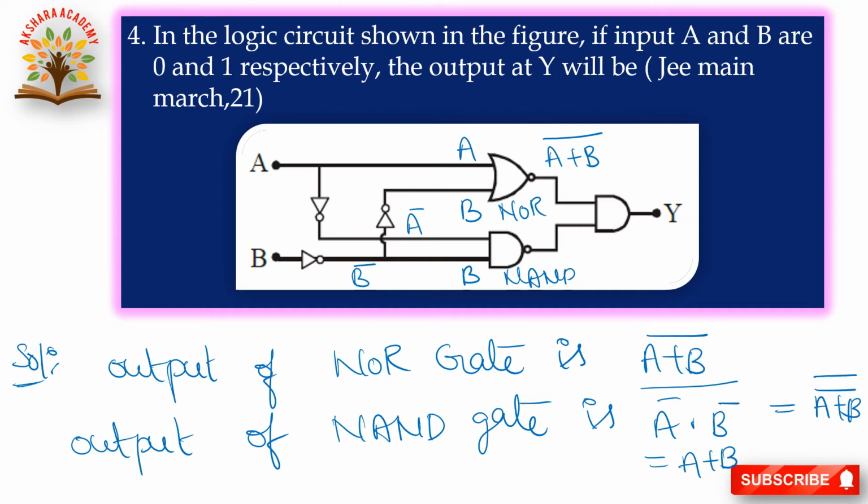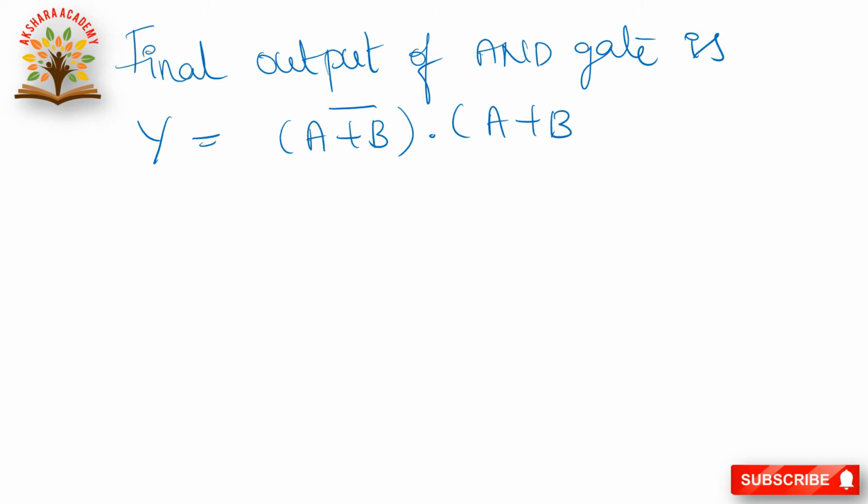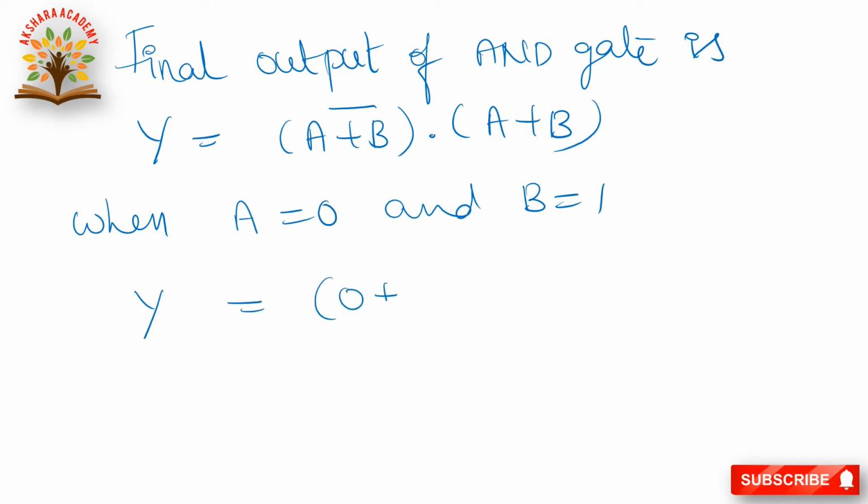The final output of AND gate is Y is equal to A plus B bar dot A plus B. So when A is equal to 0 and B is equal to 1, Y is equal to 0 plus 1 bar dot 0 plus 1.